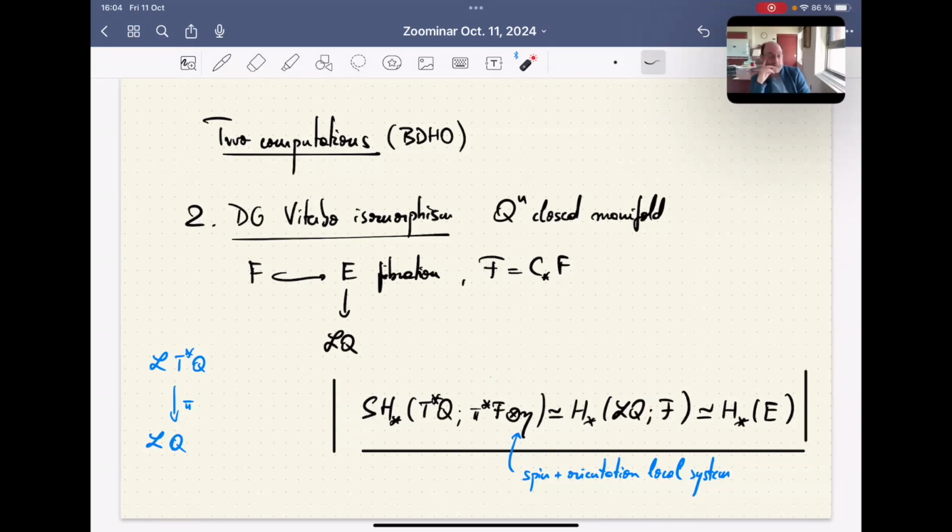There's a little twist coming from the usual story: there's a spin and orientation discrepancy between symplectic homology and homology of the free loop space, but I'm not going to dwell on that. So that means that if we look at suitable fibrations over the free loop space, we can compute symplectic homology of the cotangent bundle.